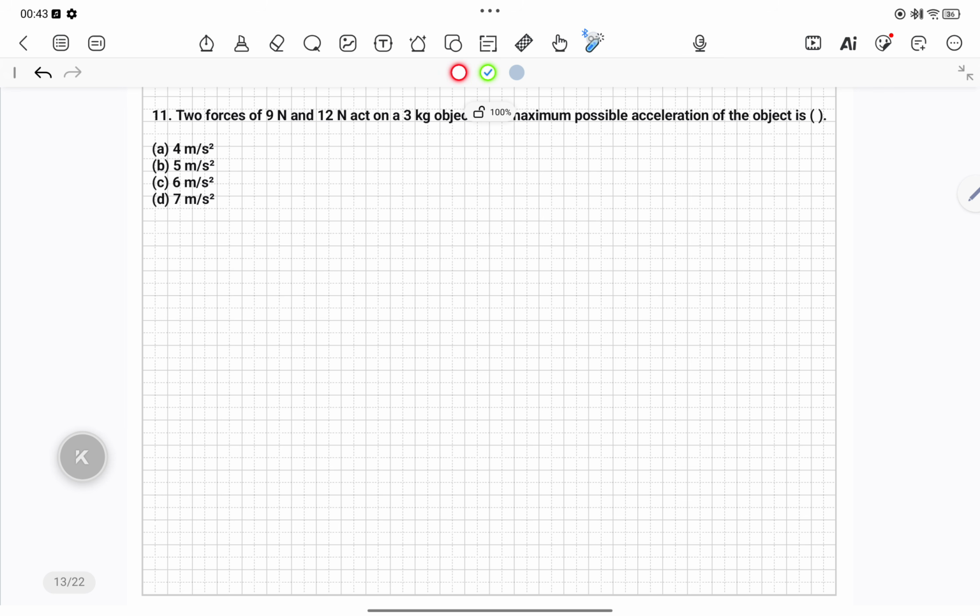Question number 11. Two forces of 9 Newton and 12 Newton act on an object. The maximum possible acceleration is. So acceleration will be maximum if force is maximum. So the maximum force on the object will be the sum of the two forces, that is F1 plus F2, where F1 is given as 9 and F2 is given as 12.